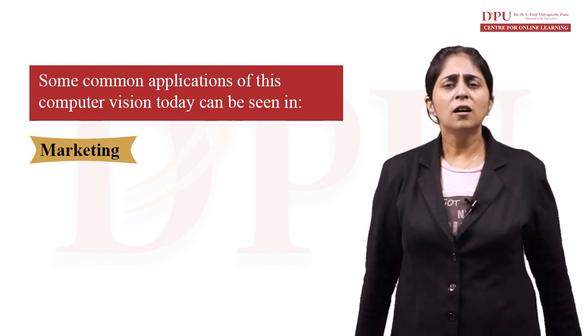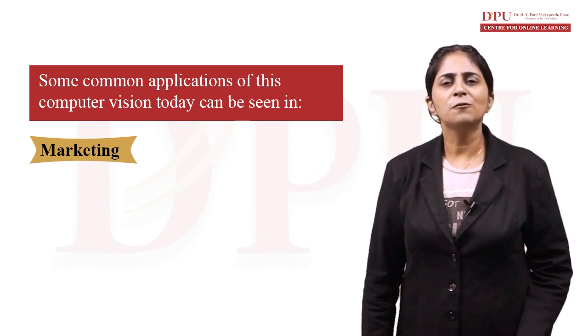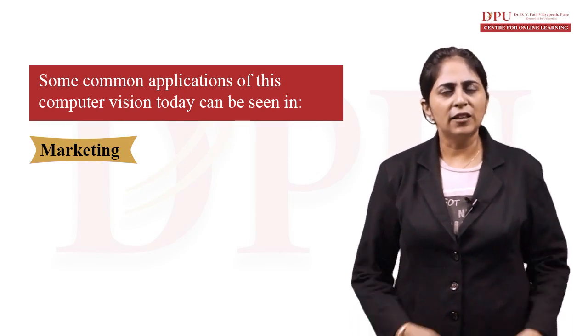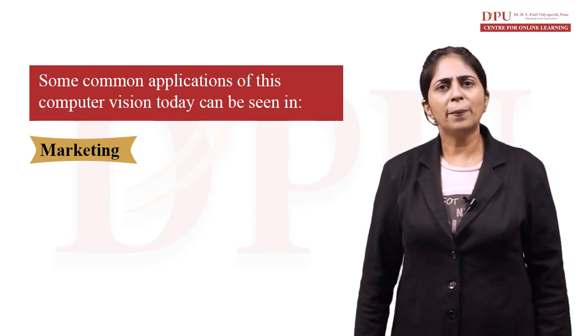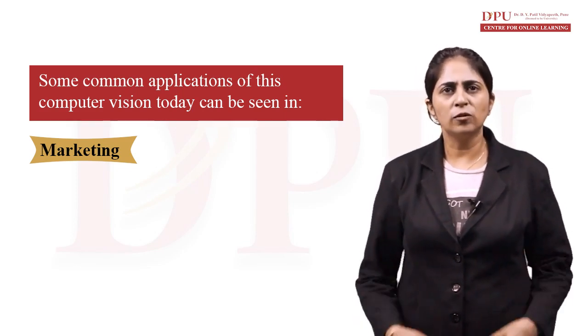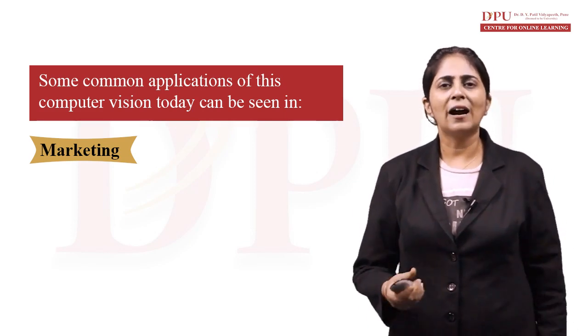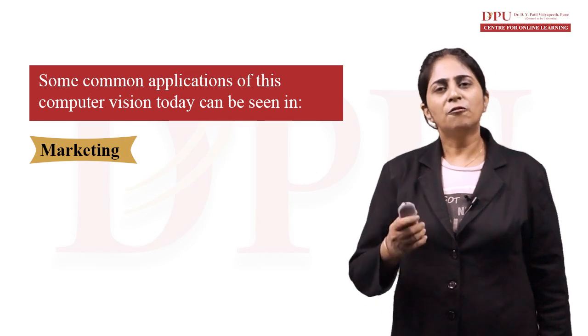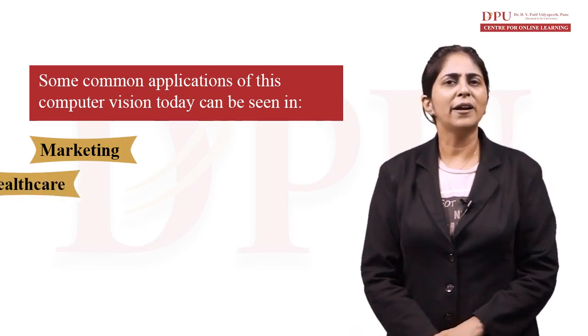Many social media platforms use this field for marketing their products. Other industries also use computer vision for marketing, which in turn uses our convolutional neural network for image classification, image tagging, and many more tasks.